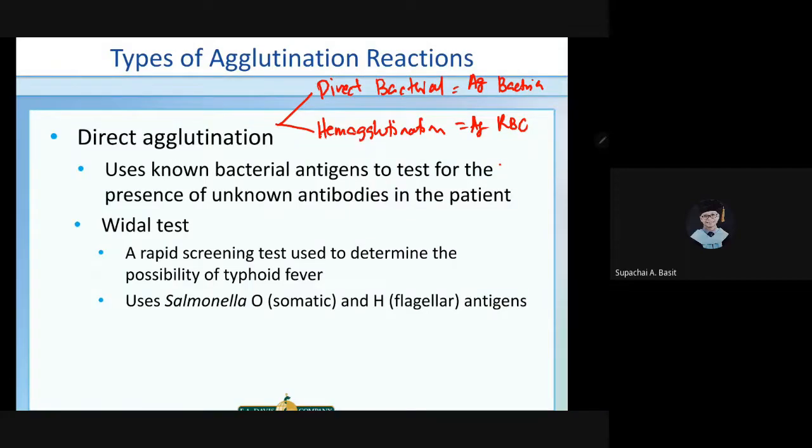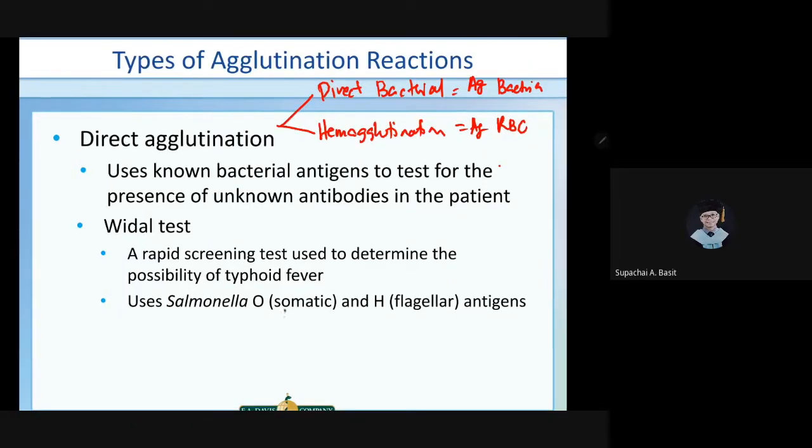Okay, so the Widal test uses Salmonella O. So the O antigen is the somatic antigen. If you can recall our bacteriology, somatic antigen actually came from the cell wall. And there's another one, the H antigen or the flagellar antigen. So obviously it came from the flagella of the bacteria.